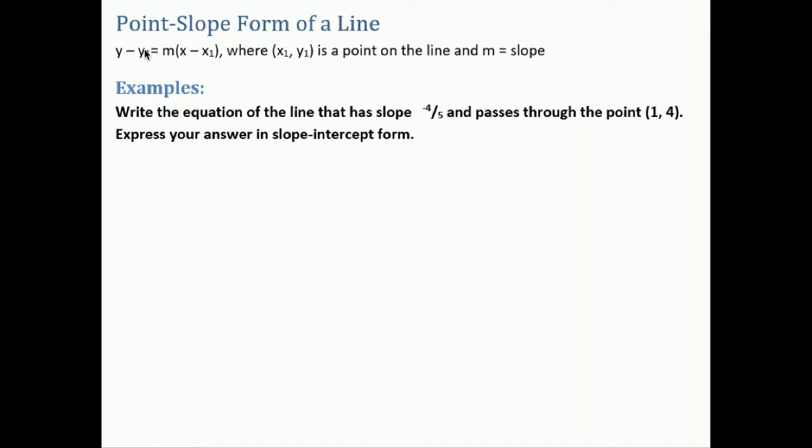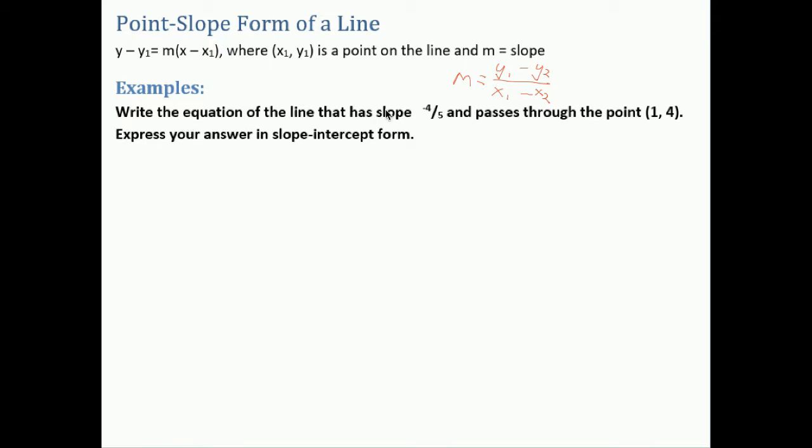This is y minus y sub 1 equals m times x minus x sub 1, where x sub 1 and y sub 1 is just a point on the line, and m still represents the slope. So we do need to remember our equation for slope. Slope is y sub 1 minus y sub 2 over x sub 1 minus x sub 2. And so we'll need that as we work through this lesson.